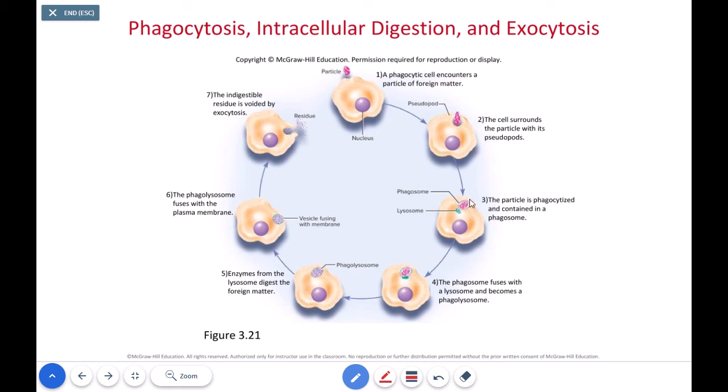That phagosome, the little suitcase wrapped around the particle that was consumed, is going to bind to one of the organelles we're going to talk about on Monday, called the lysosome. When the phagosome binds to the lysosome, the lysosome releases digestive enzymes. Those enzymes chop it up into little pieces, and those pieces are processed, and eventually the waste products are exocytized and secreted as waste residue.